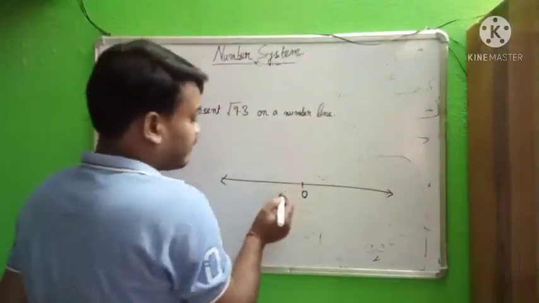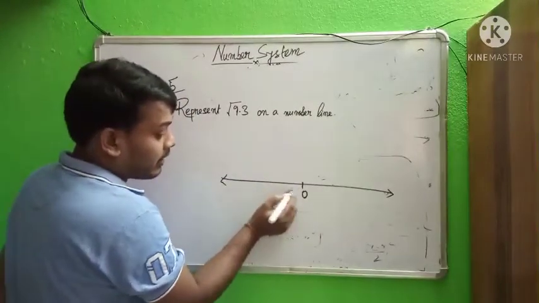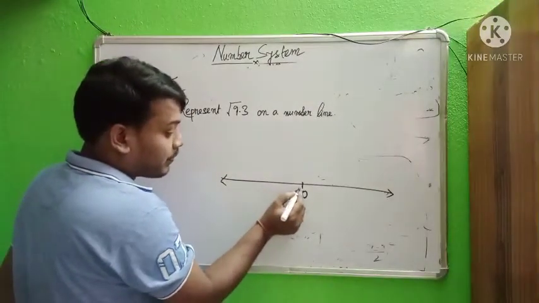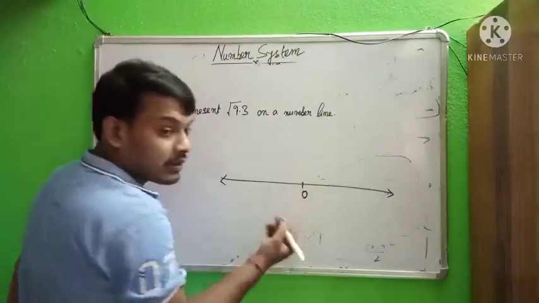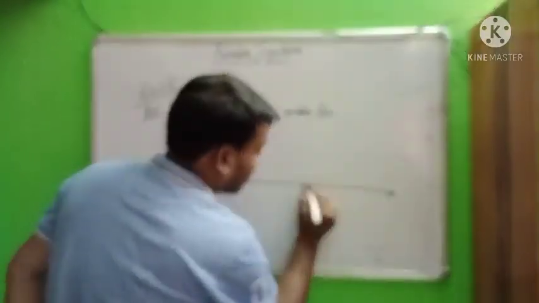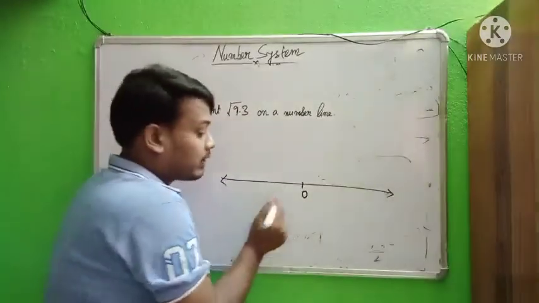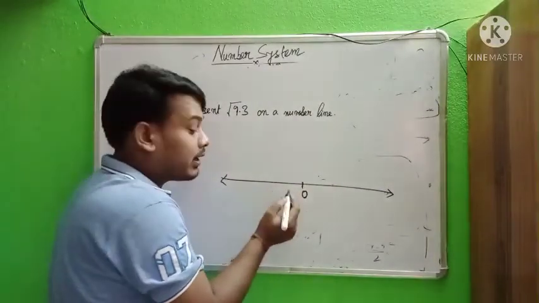Then the next step is we take 9.3 on the left side. That means by scale you can find 9.3. There is no need to mark every point 1, 2, 3.